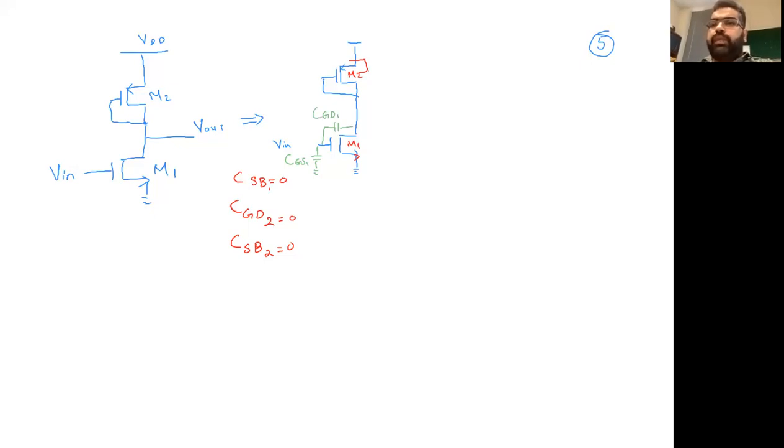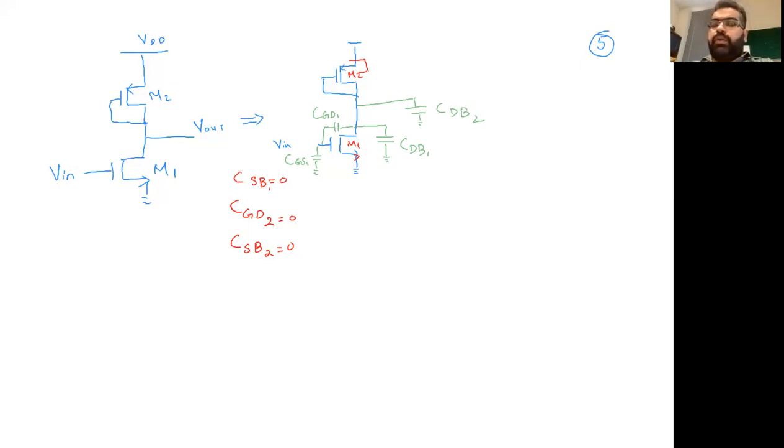Then there is drain to bulk here, CDB1. So for M1, all the capacitances are done because the CSB is 0. And for M2, we have one capacitance from here, which is CDB2.